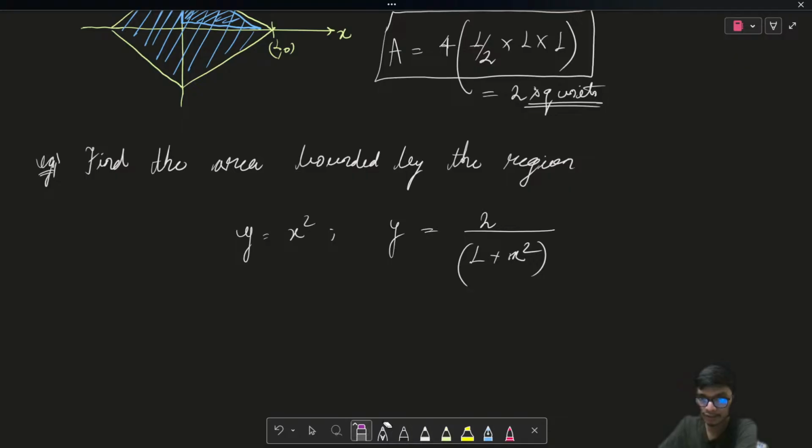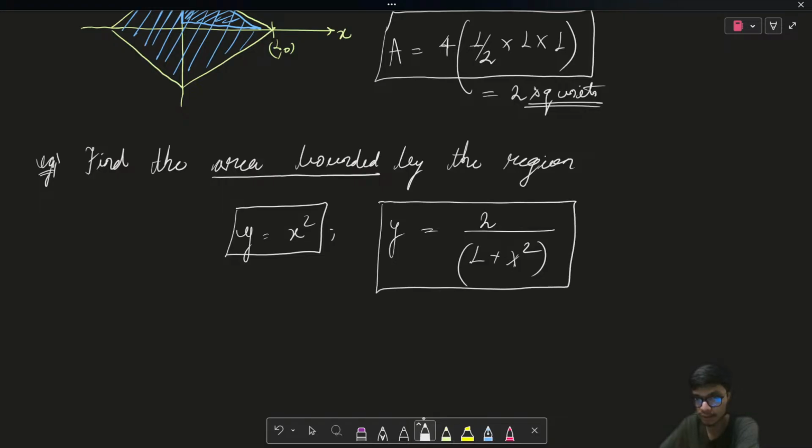So to find the area bounded by this particular region, y is equal to x square and y is equal to 2 upon 1 plus x square, please try to find this area. Just let me know if you have any ideas about how we'll solve this question.